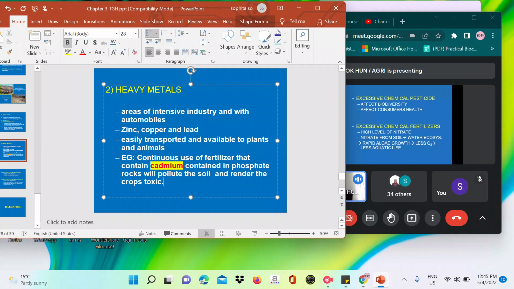So if you buy and do not clean it properly, then you will eat it into your body. In the long run, it will cause some reaction inside your body, maybe tumor or cancer and so on. So that is the negative impact of chemical pesticides.